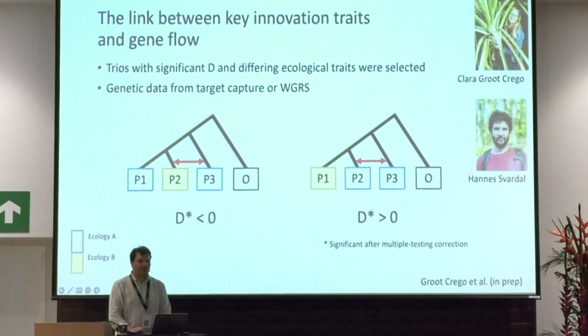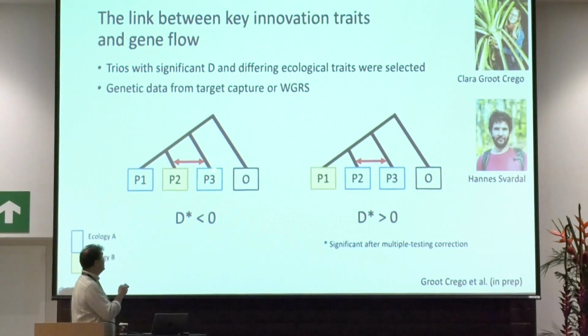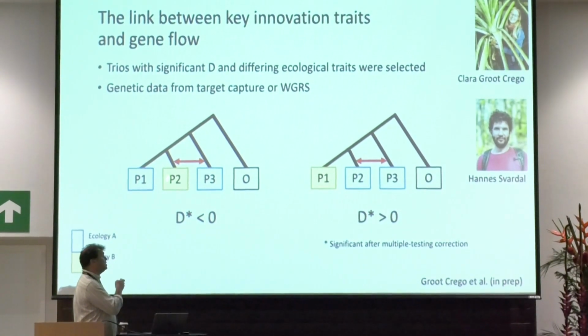So they calculated D statistics in trios, including species which have contrasting ecologies. If the gene flow is between species with contrasting ecologies, the test was polarized so that D is negative. If the gene flow includes species which share the same ecology, the statistic was polarized so it's positive.